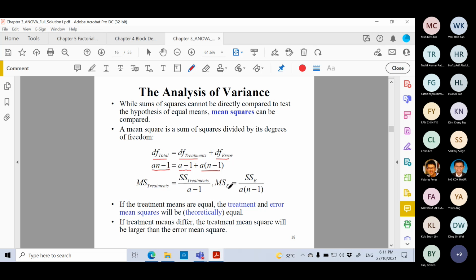This is called the mean square. If the treatment means are equal, theoretically the mean square of the treatments and the mean square for error will be equal. If they differ, the treatment mean square will be larger than the error mean square.